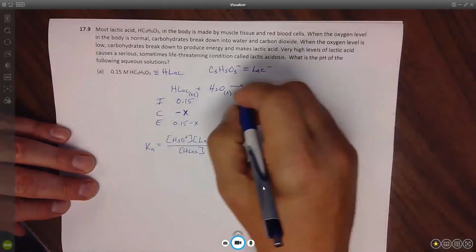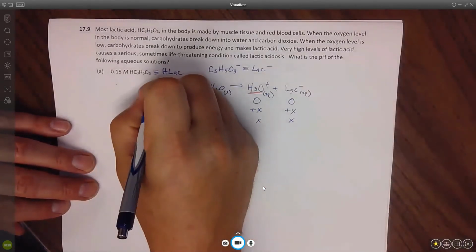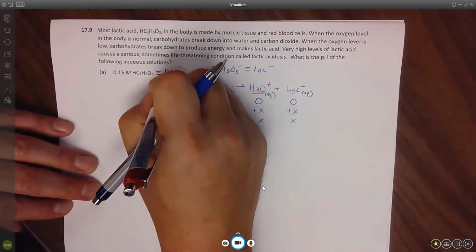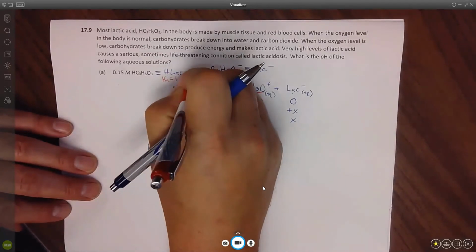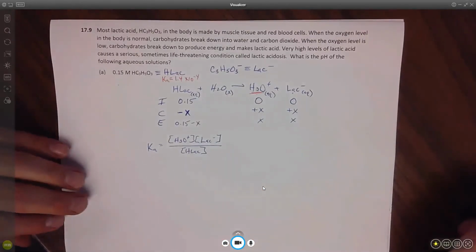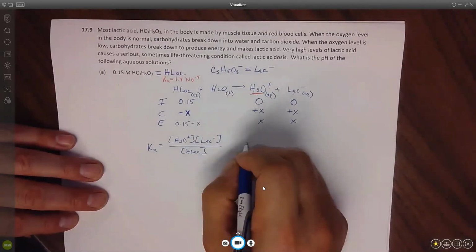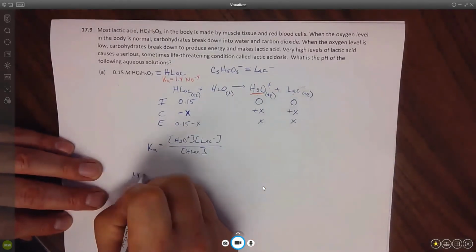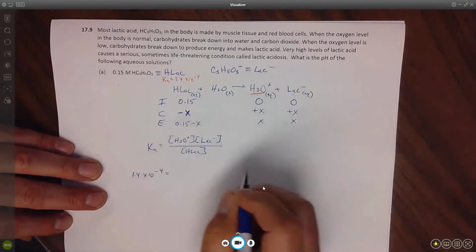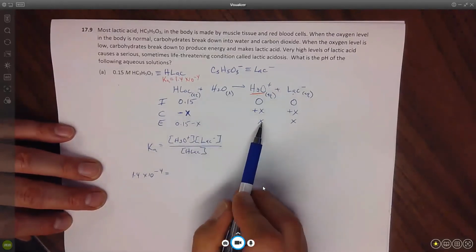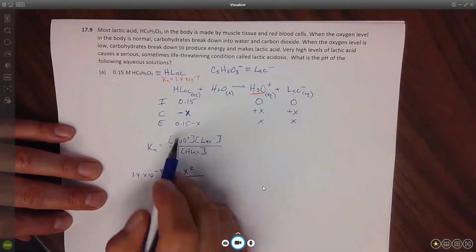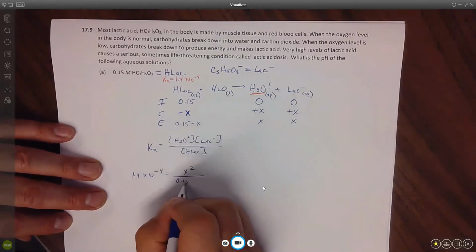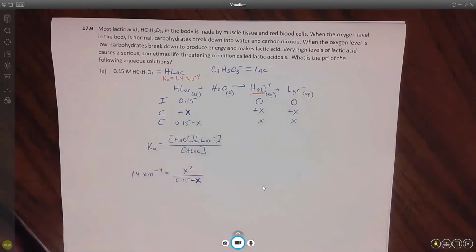So the Ka for lactic acid is equal to 1.4 times 10 to the negative 4. Okay, so now we have 1.4 times 10 to the negative 4 is equal to, the hydronium ion is X, the lactate ion is X, X times X is X squared, and then over the 0.14 minus X. Okay, what would you do next?